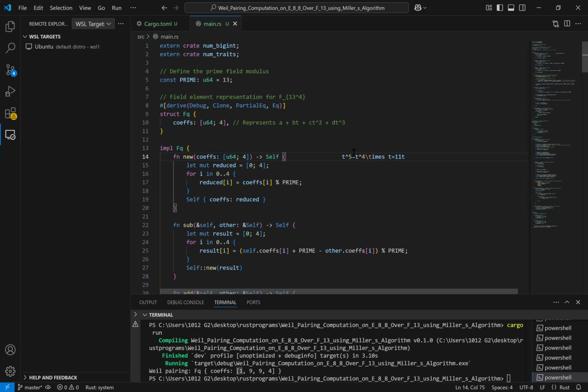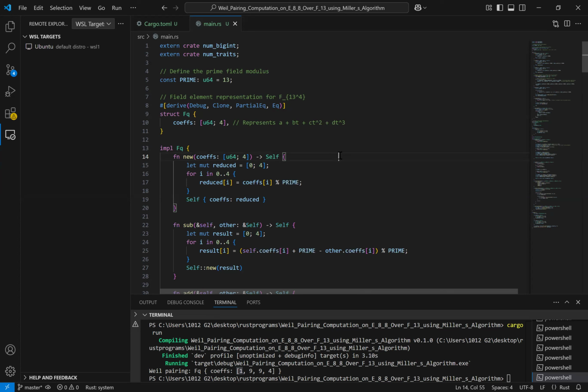If it is t raised to 6, you can also reduce it to t raised to 4 times t raised to 2. Now t raised to 4 is 11, so 11t squared. That is how we reduce it. So we cannot have anything more than t raised to 4. Every time it goes there, you reduce it using that.